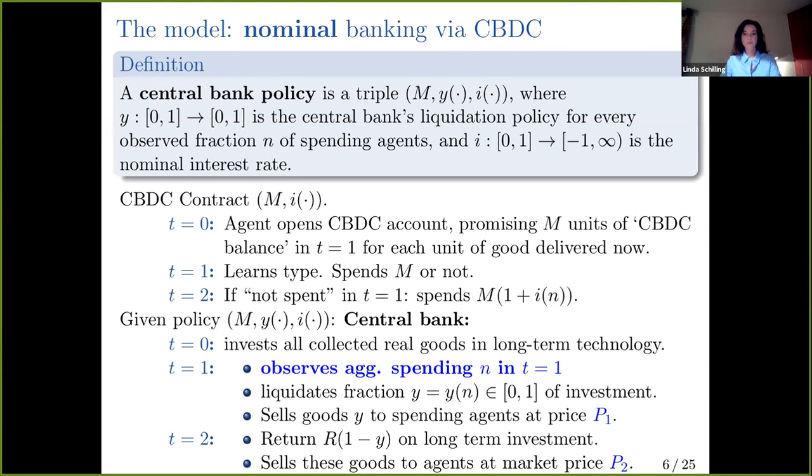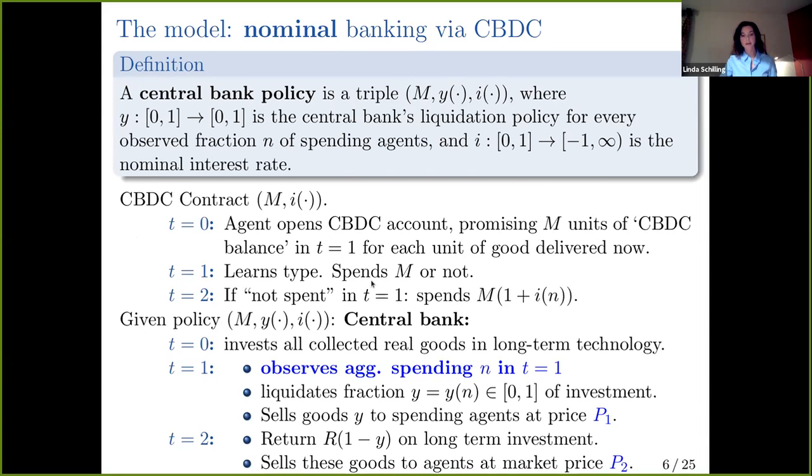She is going to offer a policy that is a triple (M, I, Y). Let me explain this policy to you on the go. How does the nominal contract look? At time 0, the agent is again endowed with 1 unit of a real good, walks to the central bank, hands over the endowment of a real good, and receives in return a promise of M units of CBDC that you can spend at time 1.